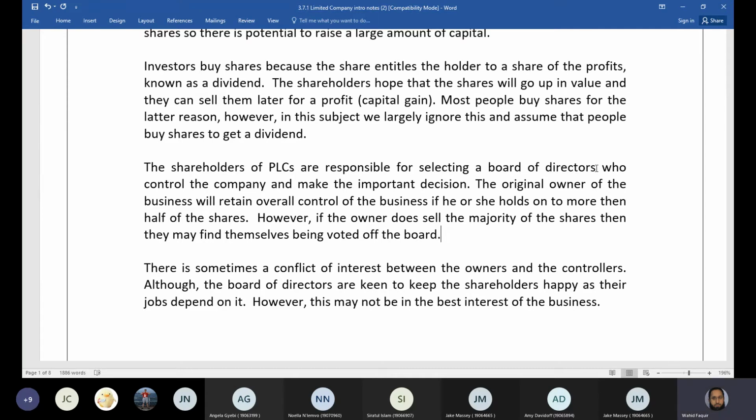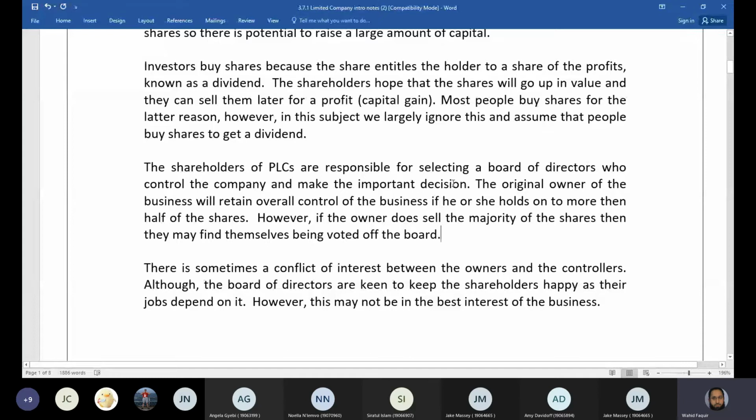At the start, they may have had 100% share ownership. If that share ownership, as they sell more and more shares, falls below 50%, i.e. the majority, they lose control of the business. They are directors, they're part owners, they set up the business, but their baby now is not controlled by them directly. It's controlled by other people that have been appointed to the board of directors.